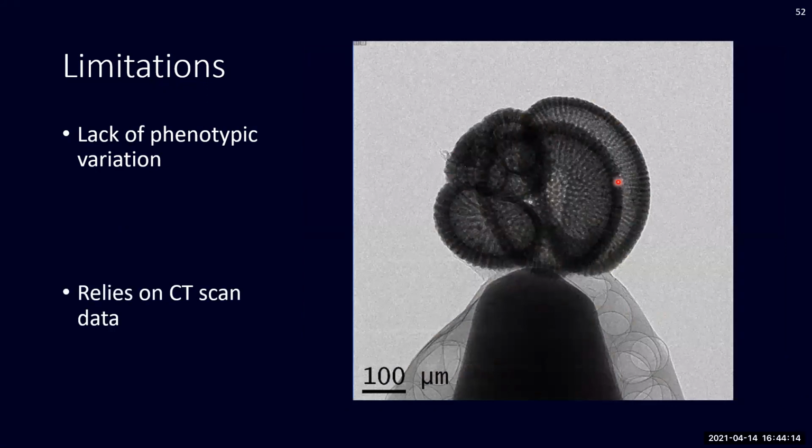Forams being CT scanned, and CT scanning is relatively expensive. Although the costs are reducing and increasingly people are sharing their CT scans, so it's easier to access CT scans of species without you having to pay the cost of scanning them.